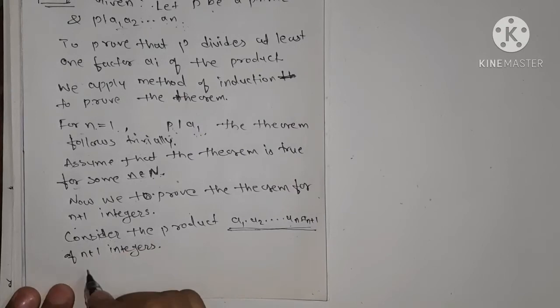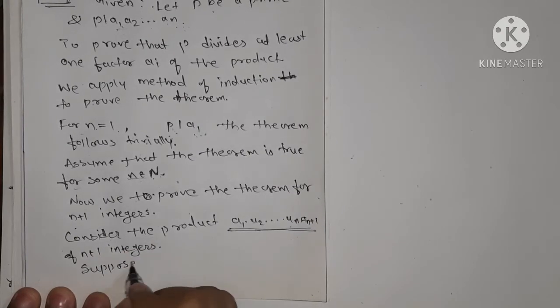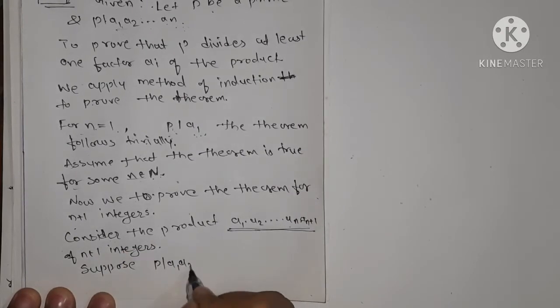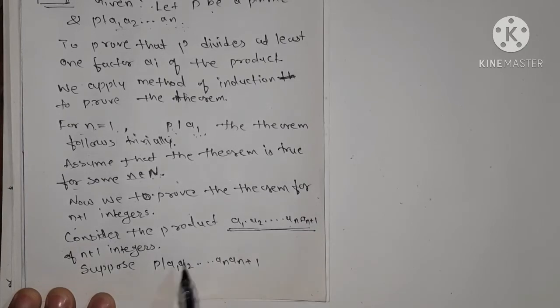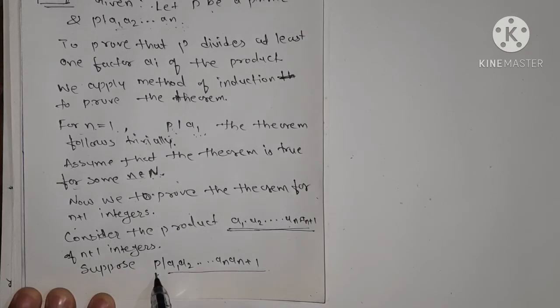Now we have to show that P is dividing at least one of the factors.